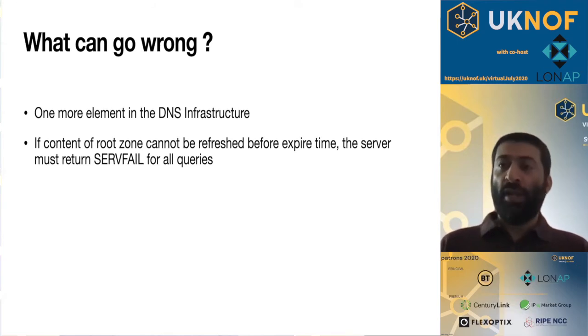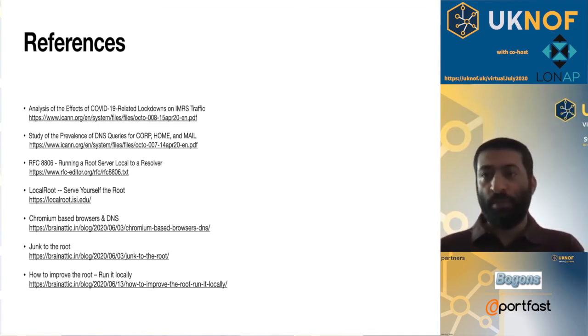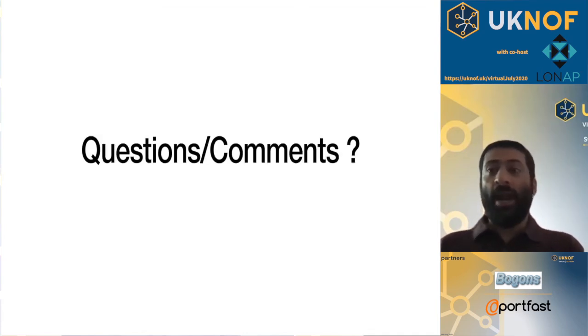So now you could run the instance not specifically on loopback, and it may not explicitly be an authoritative server for that matter. Here are the references to the different resources which I have mentioned, and I would be happy to answer any questions that there might be.